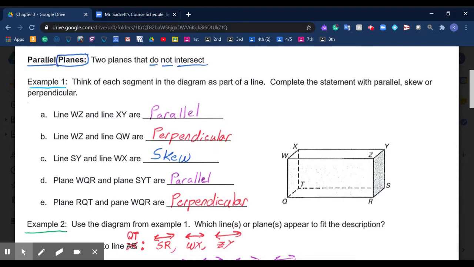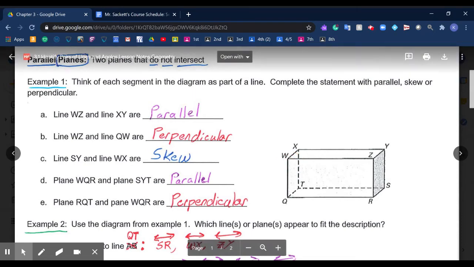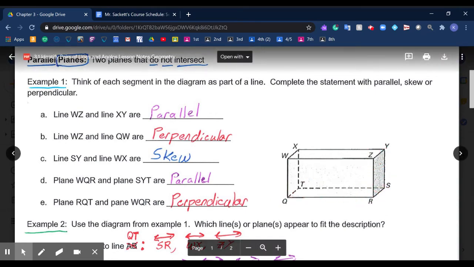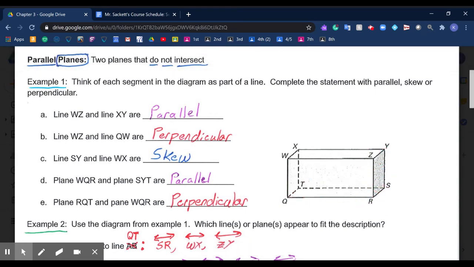WZ right here on the front, QW running right here, they meet at 90 degrees in this corner, so they would be perpendicular. And we are assuming that this is a rectangular prism, meaning all the angles in the corners are right angles, and all the sides are congruent to their opposite side.